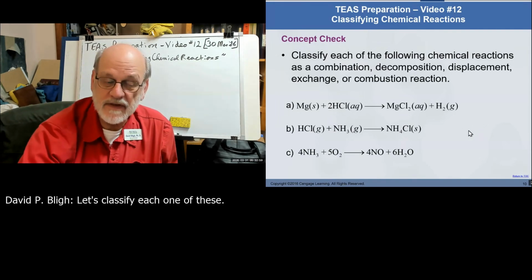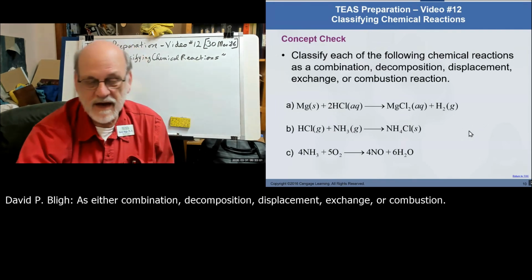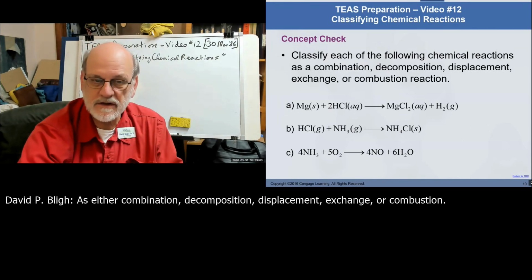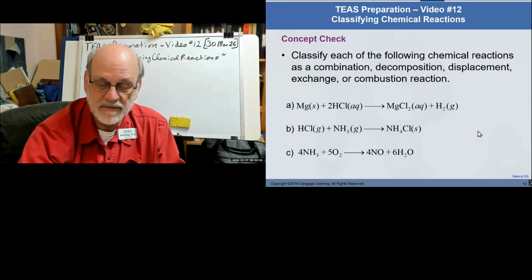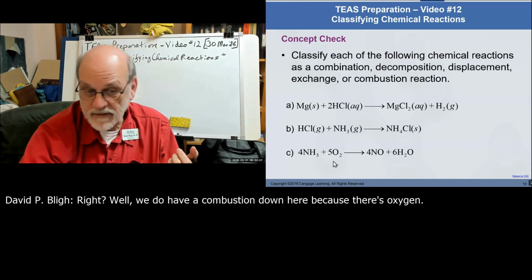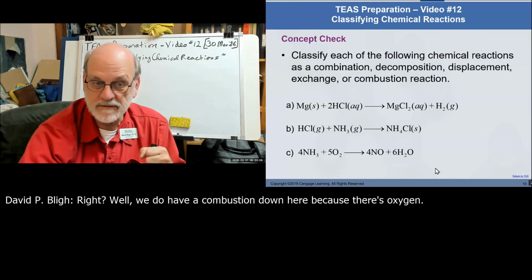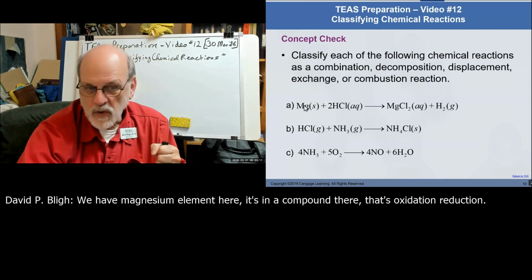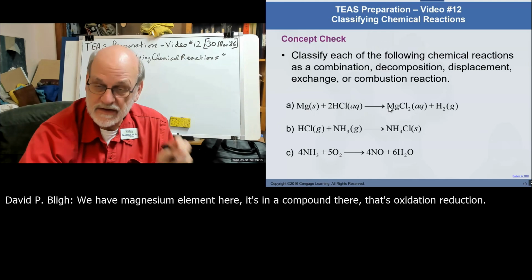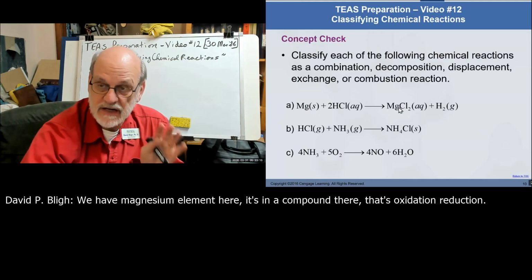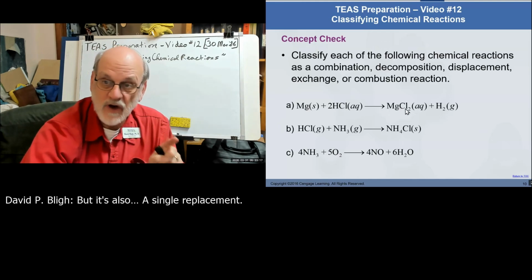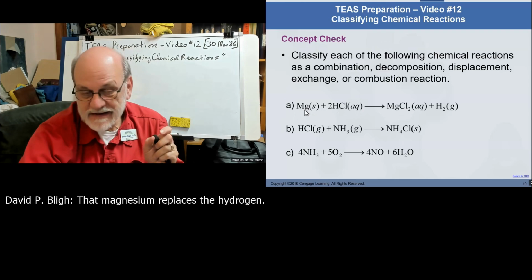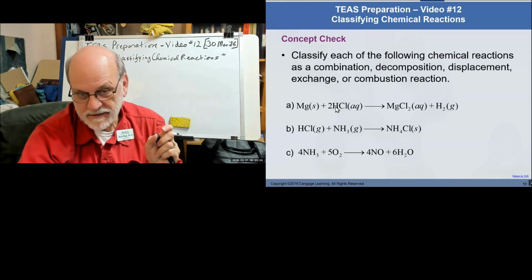Let's classify each one of these as either combination, decomposition, displacement, exchange, or combustion, right? Well, we do have a combustion down here because there's oxygen. We have magnesium element here. It's in a compound there. That's oxidation reduction. But it's also a single replacement. That magnesium replaces the hydrogen.